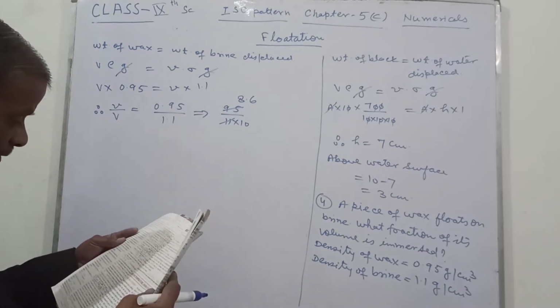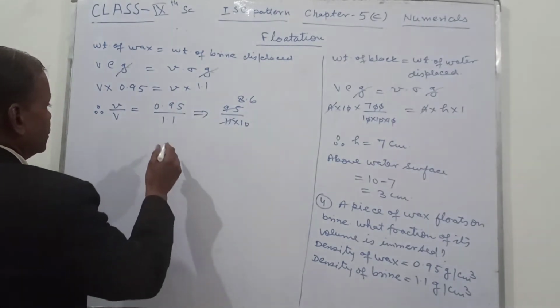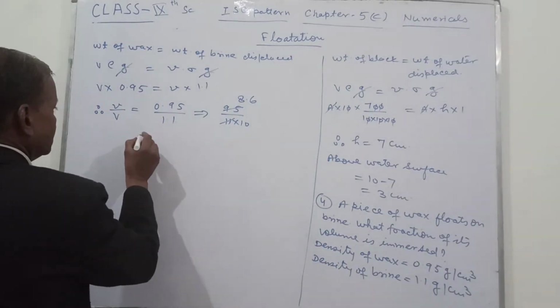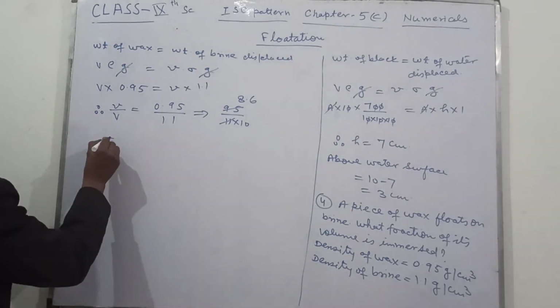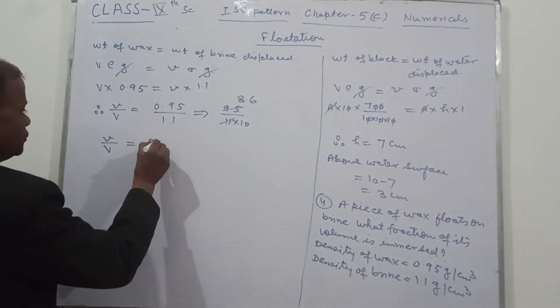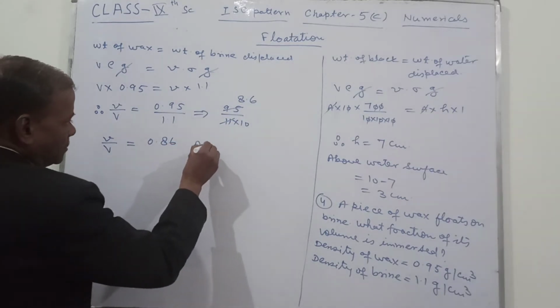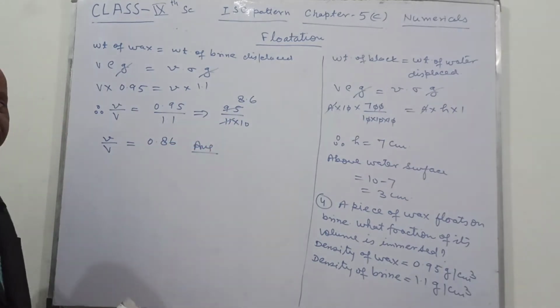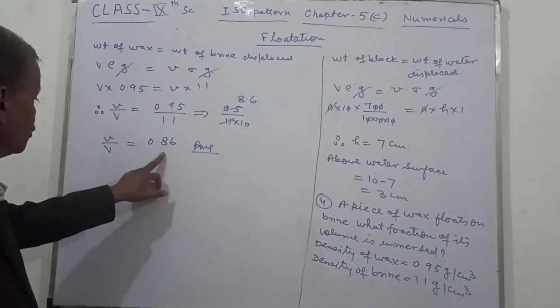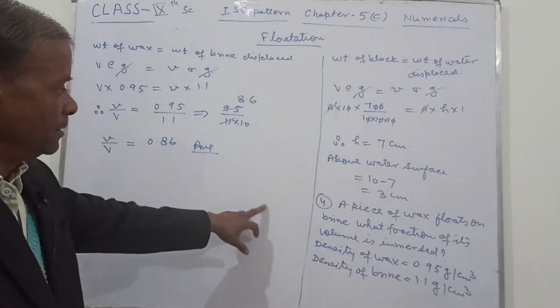So this V upon v is equal to 0.86. This is the answer, you have to find the fraction. So this much of its volume will be immersed in the brine.